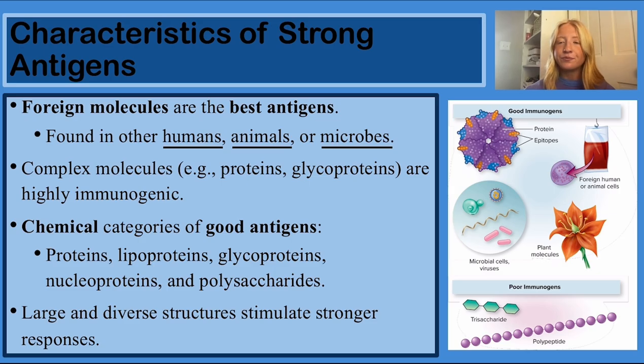Several chemical groups will serve as antigens, like proteins, lipoproteins, glycoproteins, nucleoproteins, and more. These are highly immunogenic, and size matters too. A large molecule that repeats the same unit, like glycogen, won't normally be recognized as antigenic, but a smaller, more complex molecule like insulin can be.